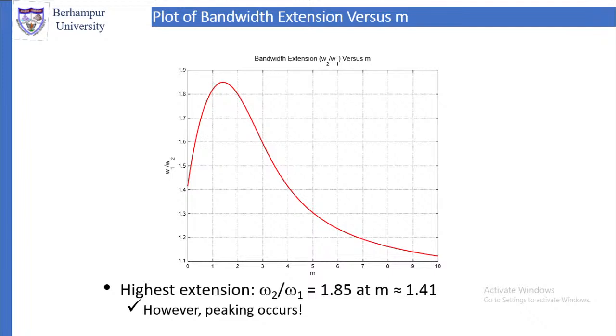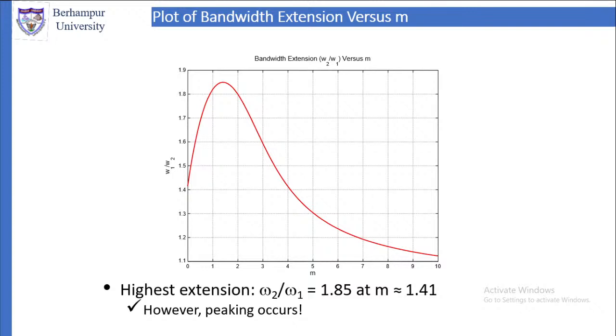Now we look at the plot of the bandwidth extension versus M. M is on the x-axis, y-axis is omega 1 by omega 2. We can see that the highest extension of omega 1 by omega 2, that is where the peaking occurs, is for M is equal to 1.41.